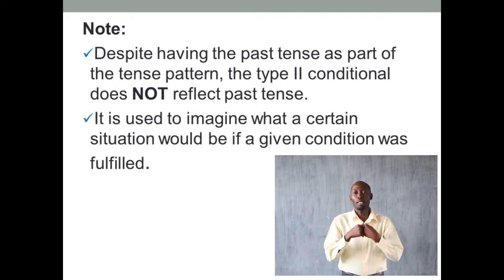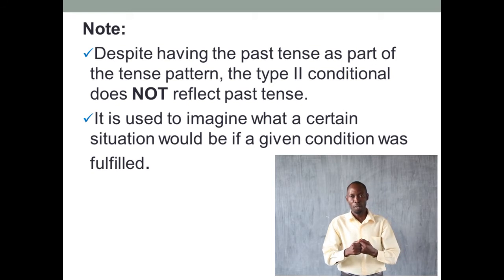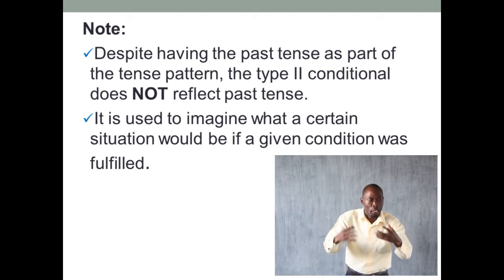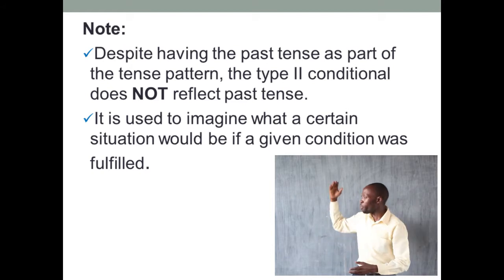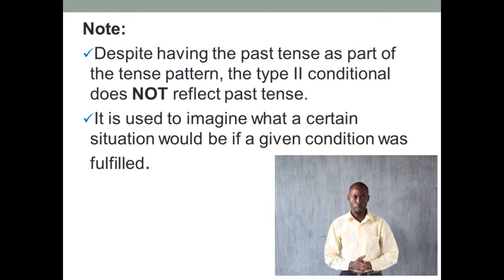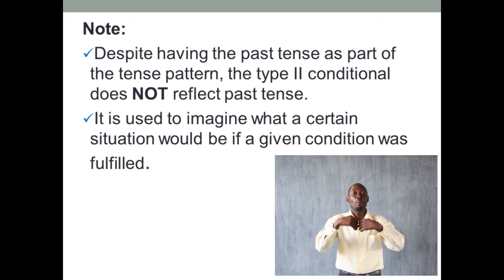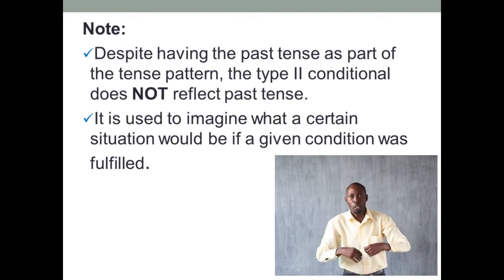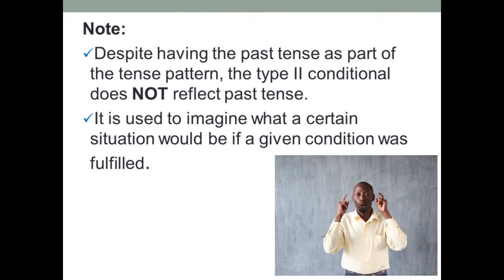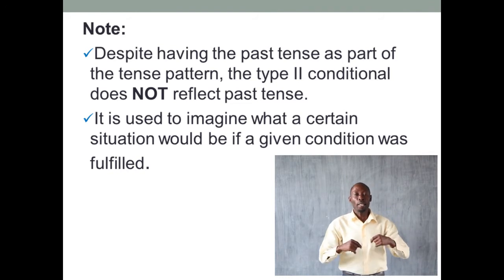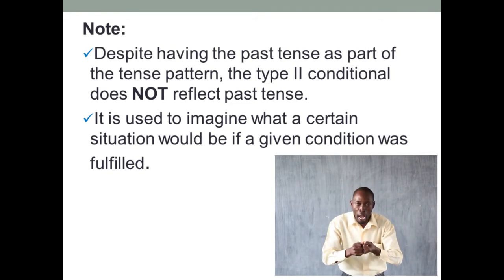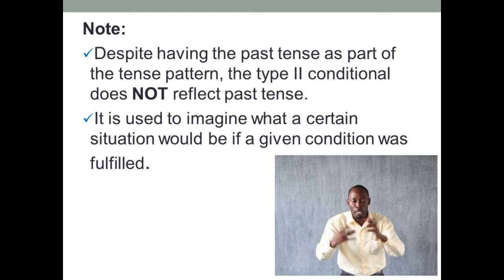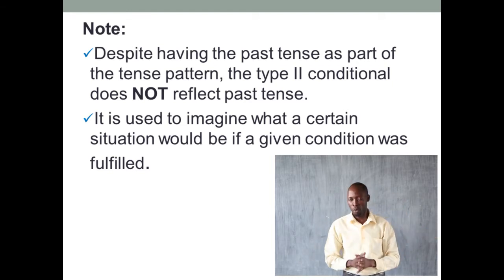No. The past tense is only used to imagine a situation that would happen if a given condition was fulfilled. It is only used imaginatively, but it doesn't reflect past tense. Actually, a conditional 2 reflects present and future possibilities if certain conditions got fulfilled. It has nothing to do with the past, much as one of the tenses is past tense.